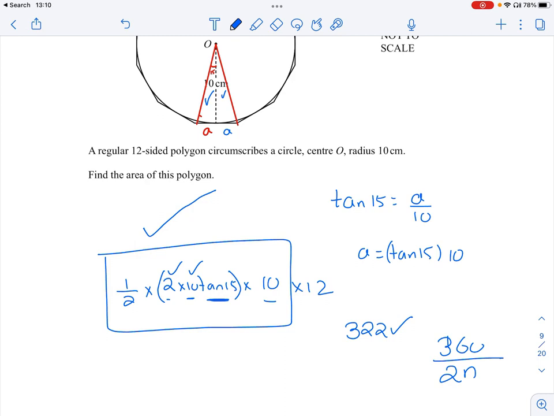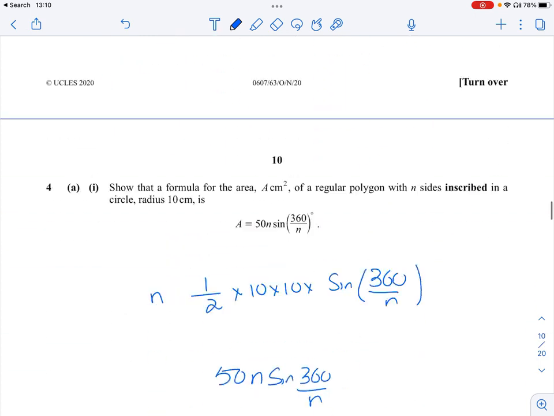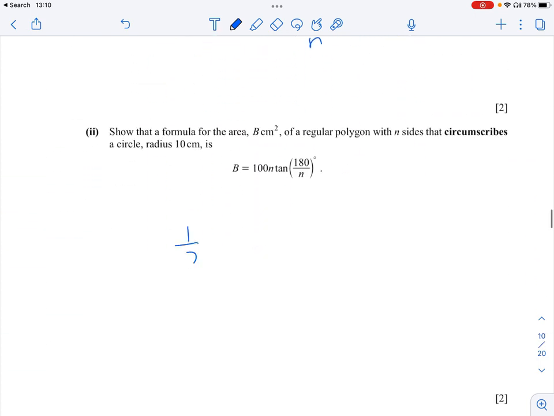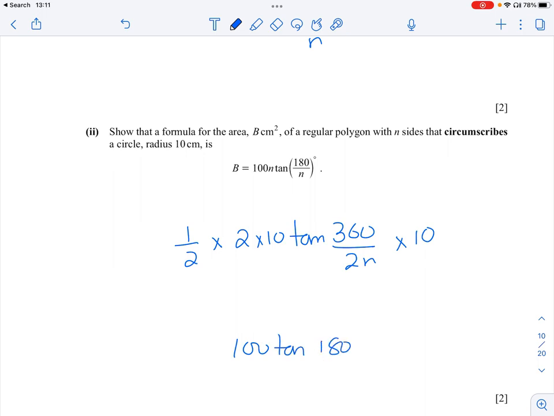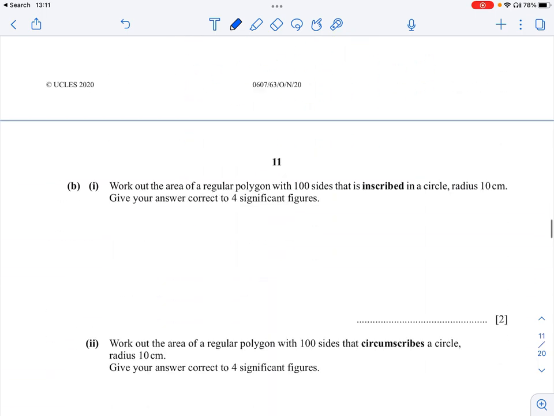One part is over here, one part is over here. So 360 by 2n, and again nothing but how much? 10. So the area of one triangle will be half times 2 times 10 times tan 360 by 2n, again another 10. So what does it become? 2 gets cancelled. It becomes 100 tan 180 by n. That's going to be the answer.